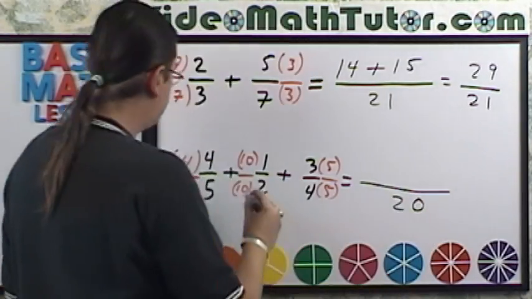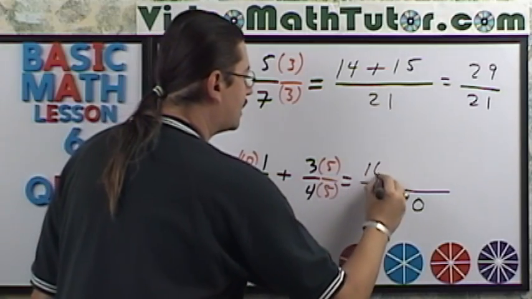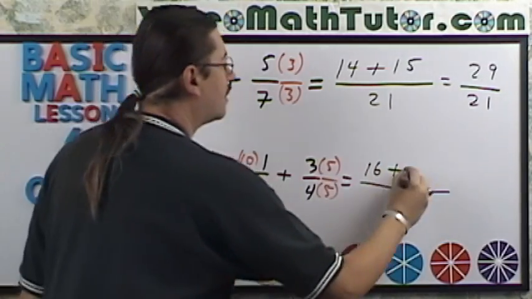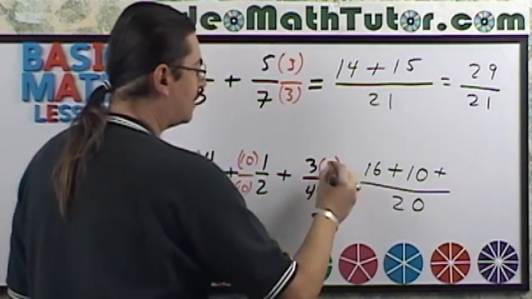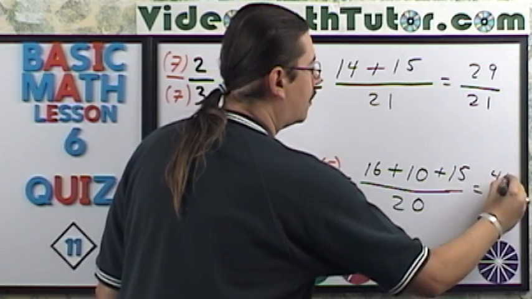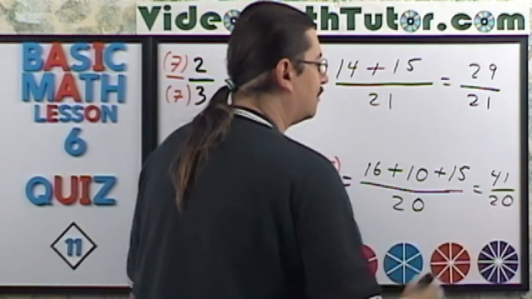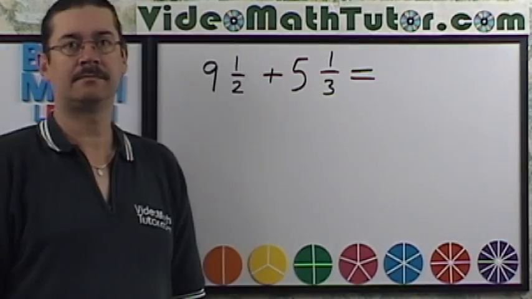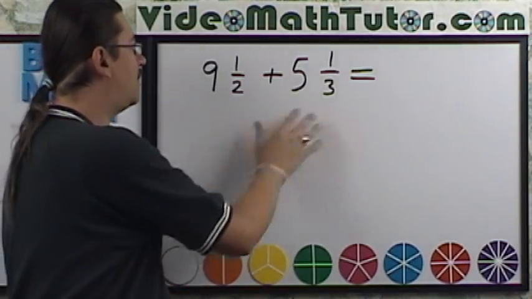Put 20 down below, so we're going to get 16 plus, here's 10, plus 15. If we add those up, we're going to get 41 20ths.